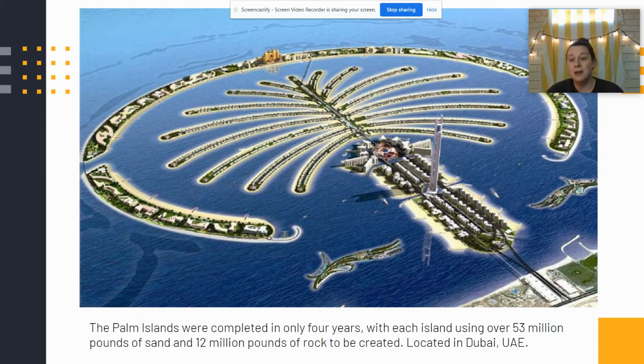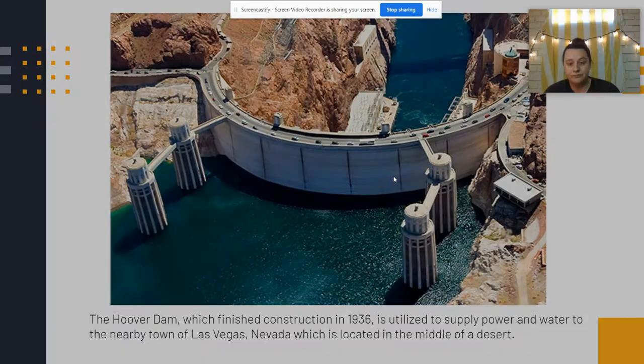A construction company built these. And you can see these are located in Dubai, United Arab Emirates, and it only took 4 years to build these. It's so interesting, right? Humans have the ability to innovate and to create and use technology to modify the environment for our needs.